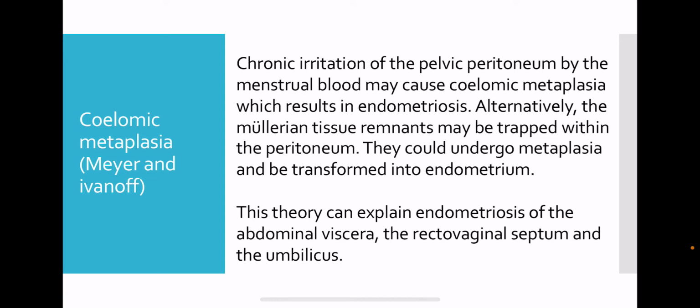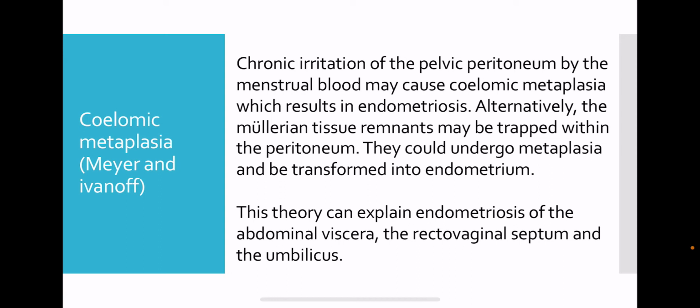Two things can happen. The menstrual blood can cause chronic irritation and it can cause the transformation of the coelomic cells into endometrial tissues. The other thing that can happen is that the Mullerian tissue remnants can be trapped in the peritoneum. They can undergo metaplasia and be transformed into endometrium.